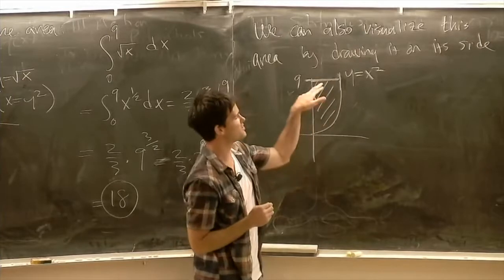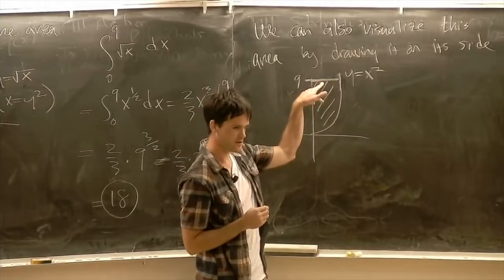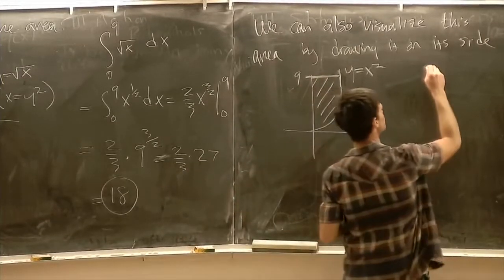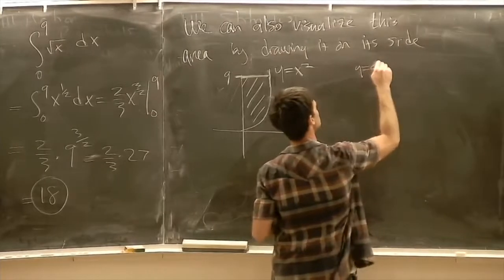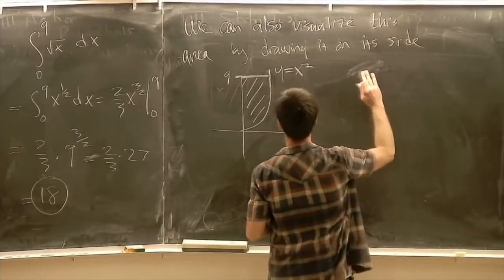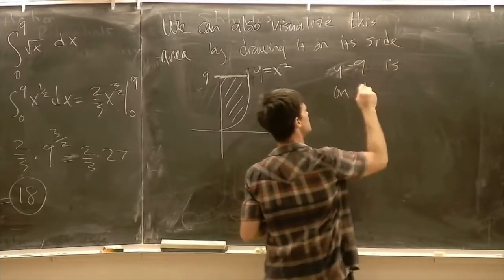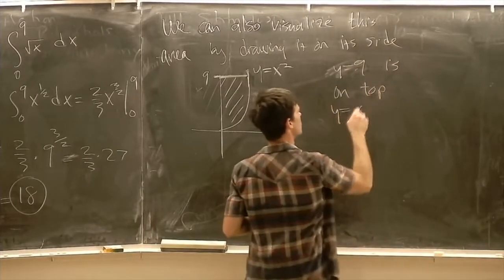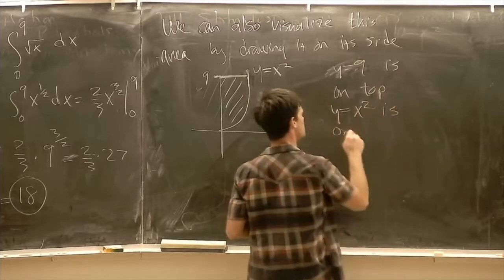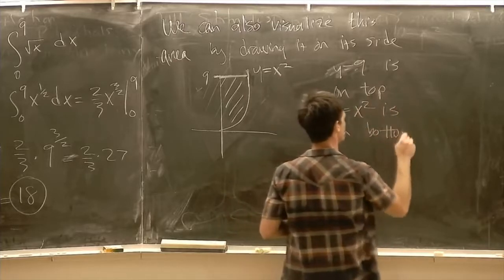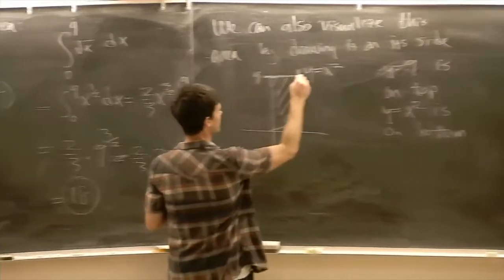And what's the equation of this line? Y equals 9. Y equals 9 is on top. Y equals x squared is on bottom.